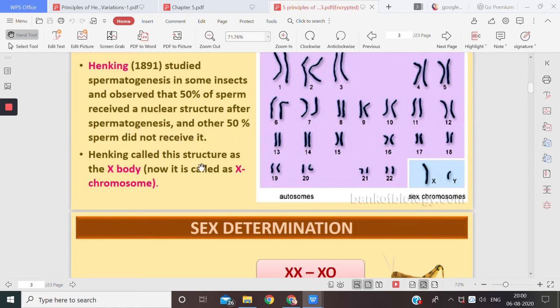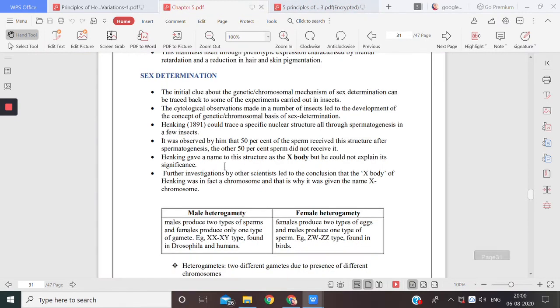So Henking called these structures the X body. He gave the name X body to the structure, but he could not explain its significance.